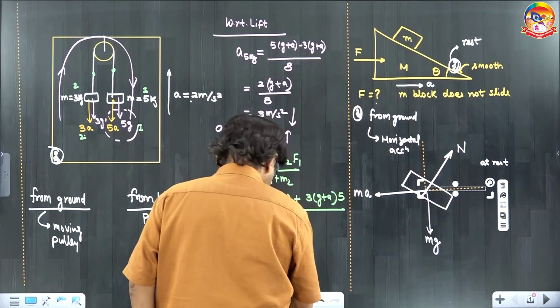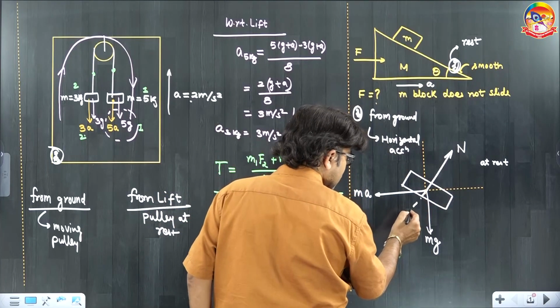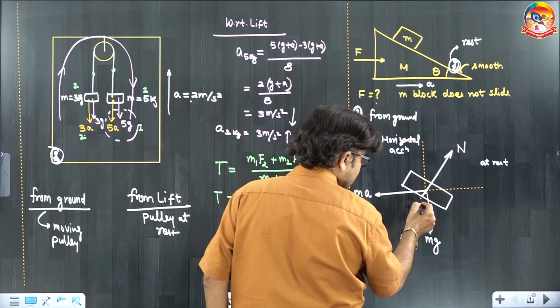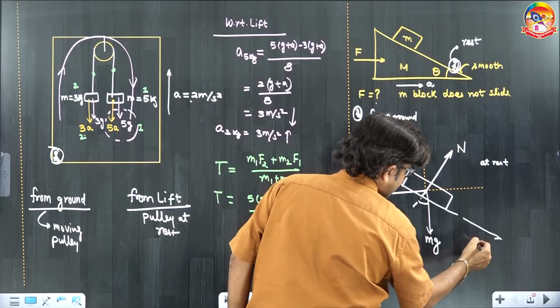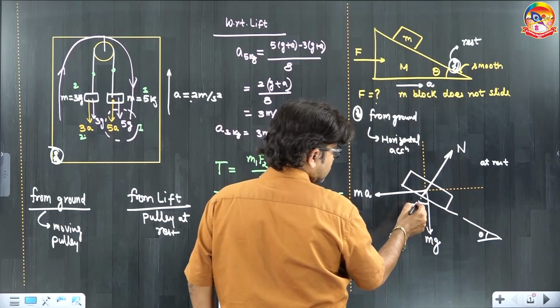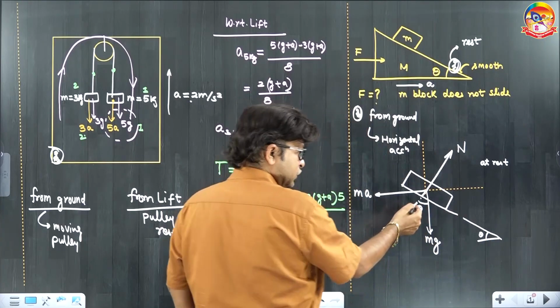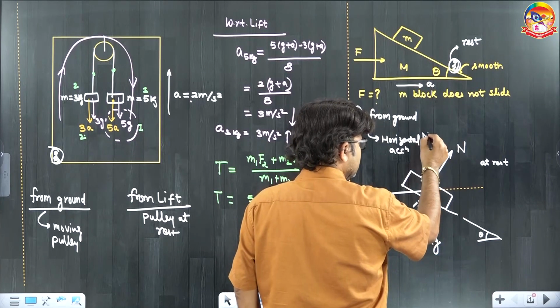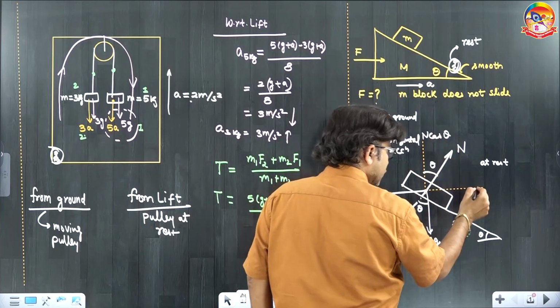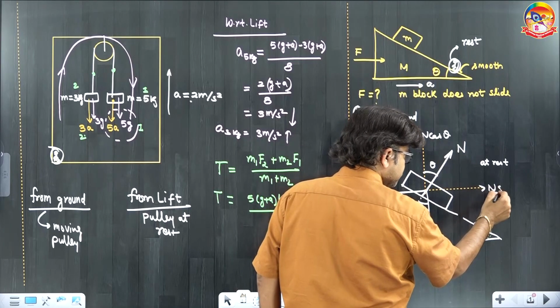Over here, this is the inclined plane, and this angle is theta. If this angle is theta, then this angle is also theta. So I will say N cos theta here and N sin theta here.